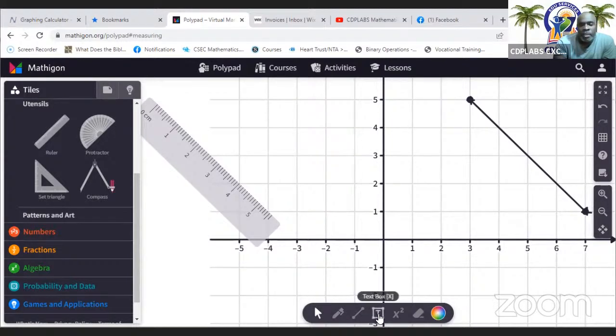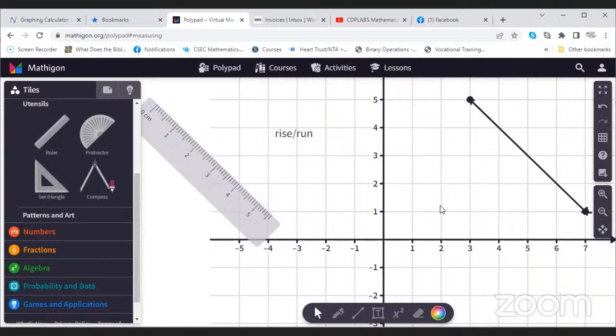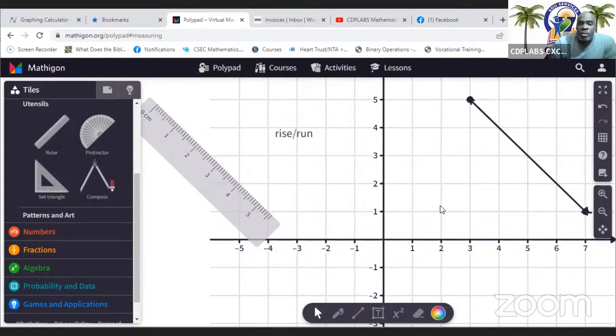Terminology for gradient is rise divided by run. You have that? Rise divided by run. Now rise would be obviously rising up.